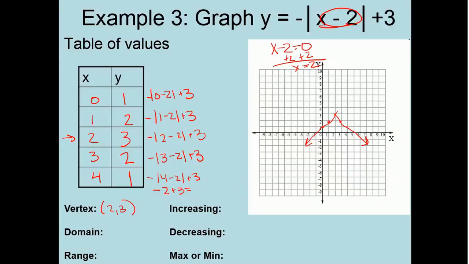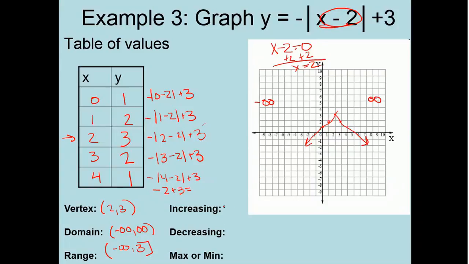My domain. So if I write negative infinity to infinity, same thing. Negative infinity to infinity. I'm going to give you a hint. The domain is always going to be negative infinity to infinity, alright? Your range then. It looks like I go forever in the bottom half, but I stop at 3, so we're going to actually have brackets around 3.